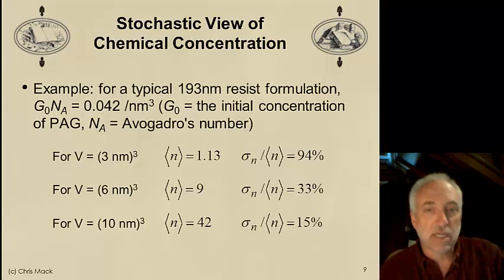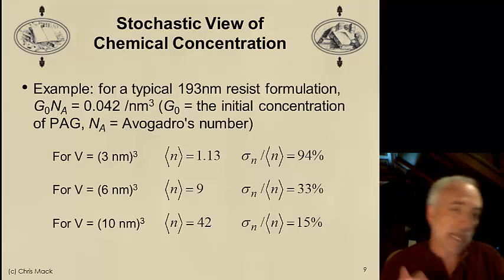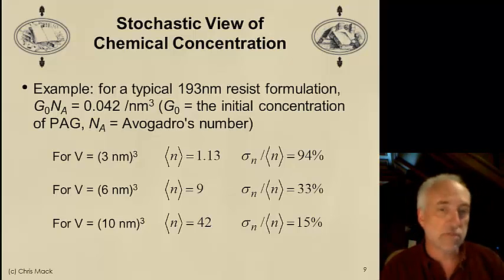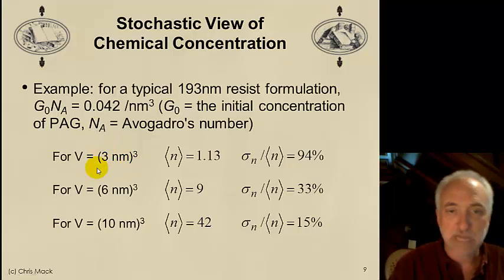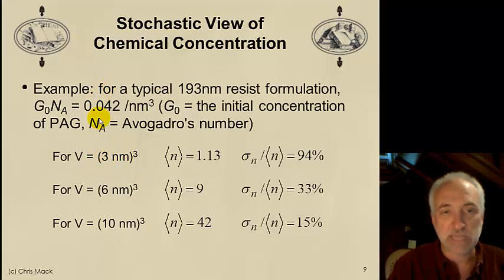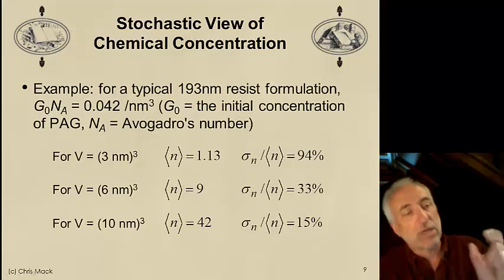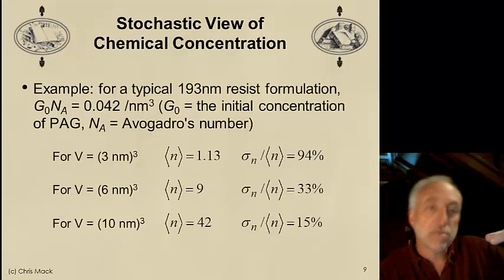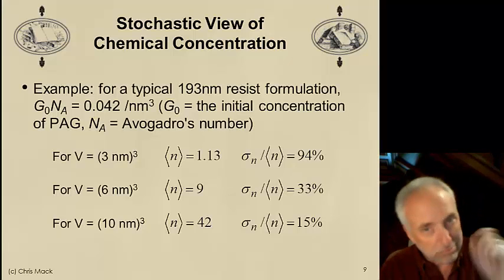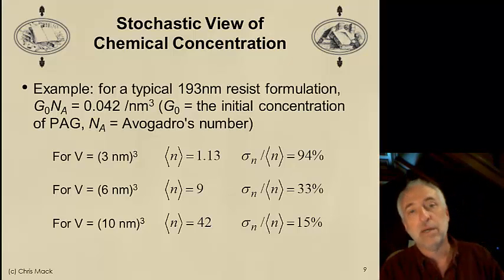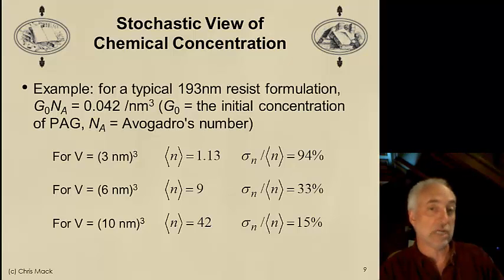But given this concentration, we can figure out what the average number is for any given volume. So if I take a 3 nanometer cube, 3 nanometers on each side, so what's that, 27 cubic nanometers, multiplied 27 by 0.042, and you get the average number in that volume, which is 1.13. So if I take a 3 nanometer by 3 nanometer by 3 nanometer cube of resist, on average there's about 1 PAG molecule in that volume.